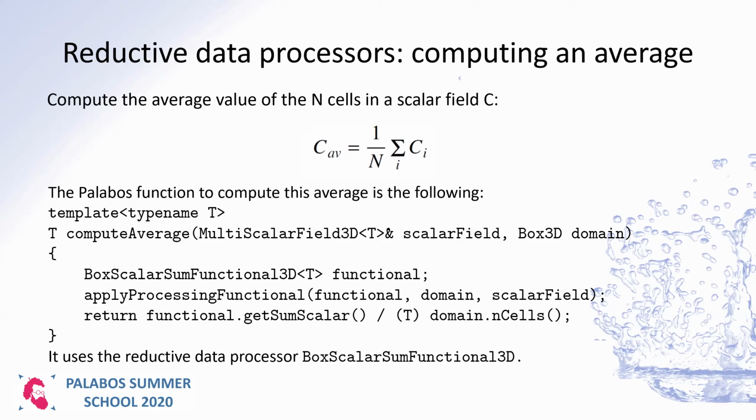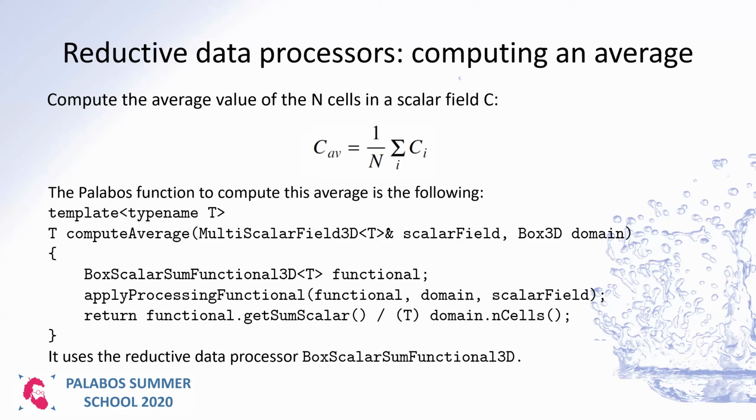You will instantiate an object of type BoxScalarSumFunctional3D, which is predefined in Palabos. You will apply this data processor to your scalar field on the global domain. Then this functional is still available, and you call its method getSumScalar to access the sum which has been computed. And in the end, you divide it by the number of cells in the domain.